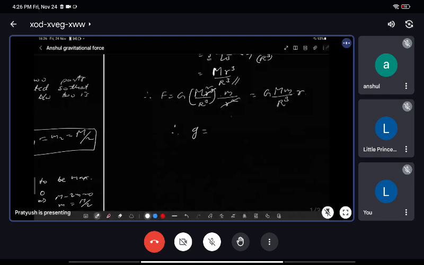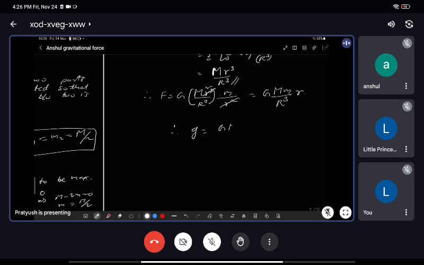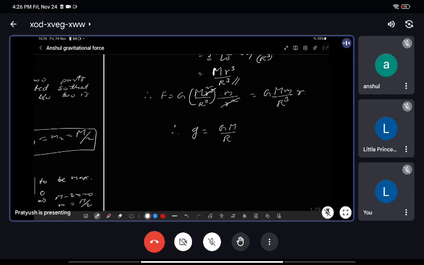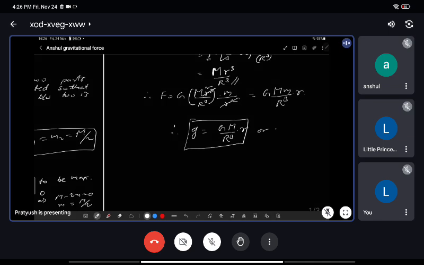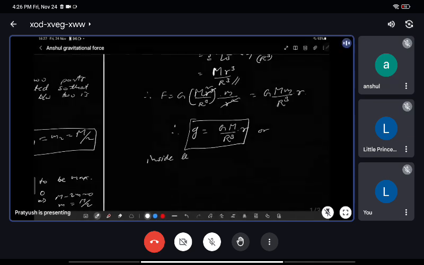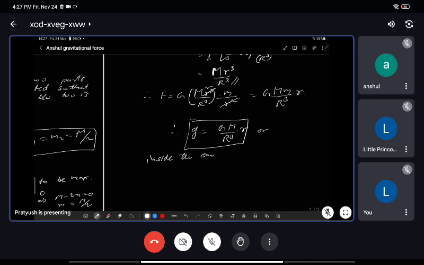This will be the force. Therefore, small g equals force divided by m. Small g equals G M upon capital R cube into small r. Everything is constant; this small r is remaining. So inside the earth, small g is proportional to small r. Very important. Take it down.